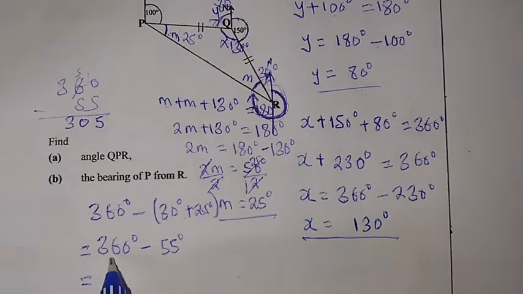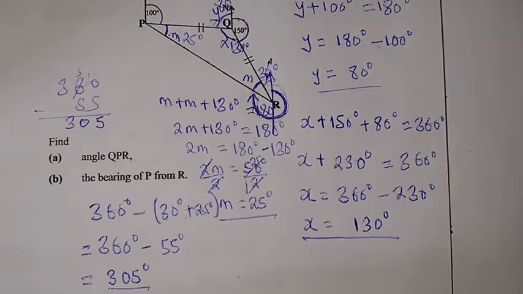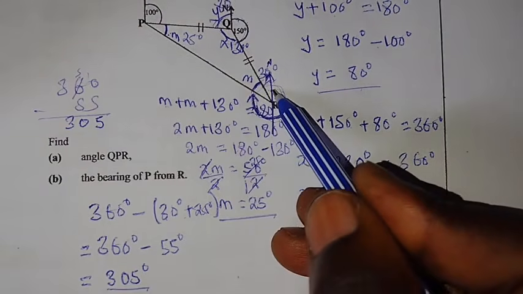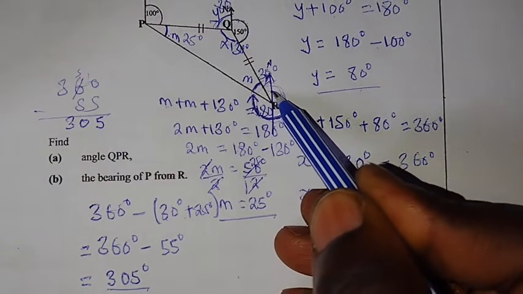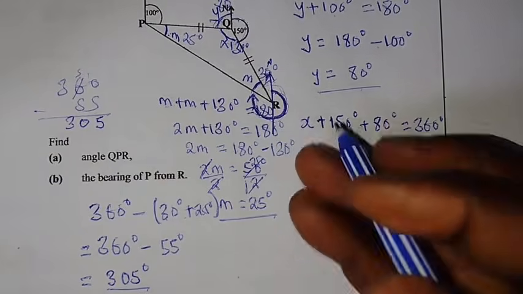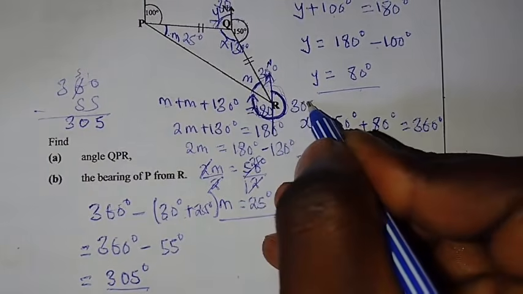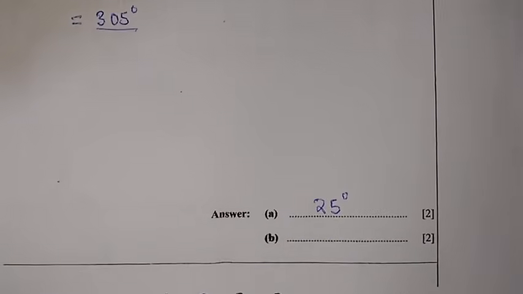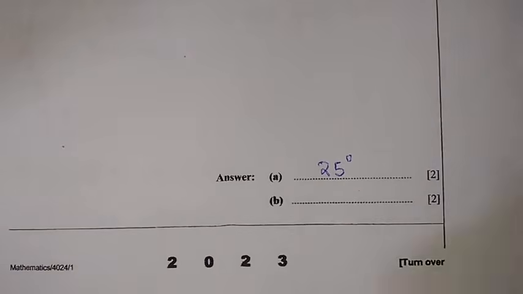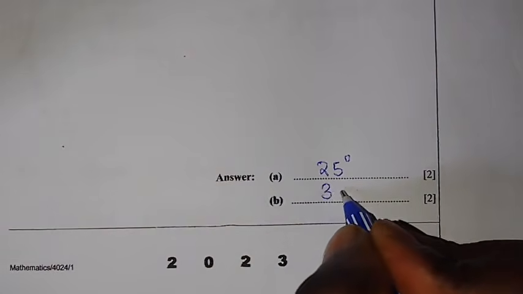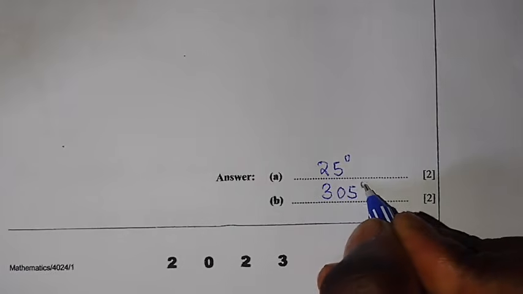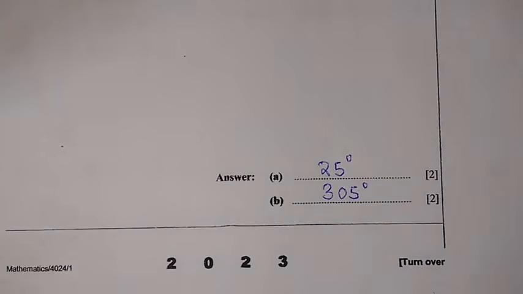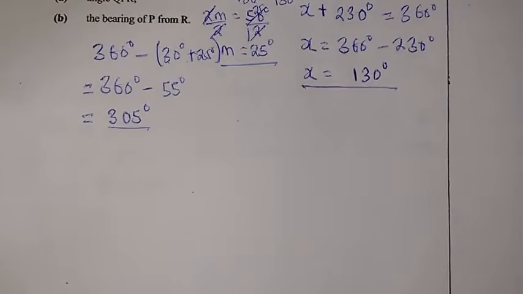So when you subtract 360 take away 55, you are going to remain with 305 degrees. So this is the bearing, or the angle, from here up to here. We had 305 degrees. So this is the bearing of P from R. So we just write our answer here, 305 degrees.